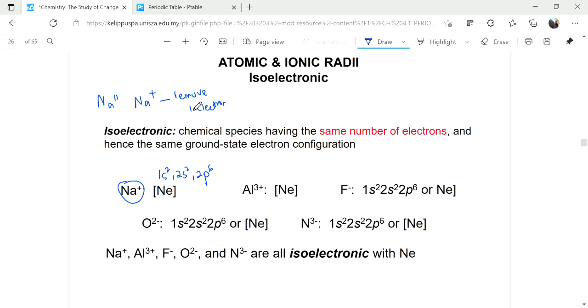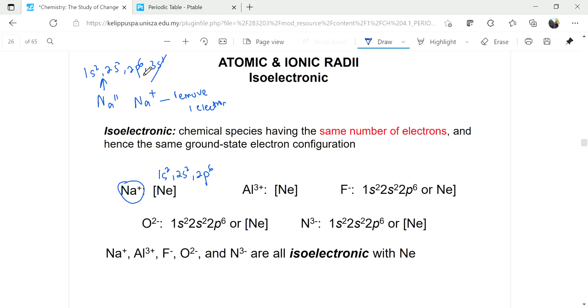The original electronic configuration for sodium is 1s2, 2s2, 2p6, 3s1. When we remove 1 electron, we remove it from the 3s orbital.